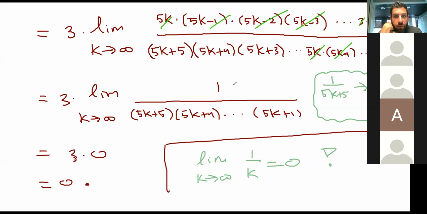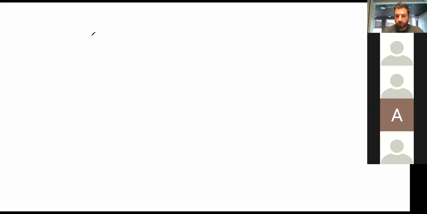It turns out, though, when you're doing the ratio test, particularly in Calculus 2, where the examples are designed to work out, typically, 9 out of 10 times that you employ this ratio test, you're going to get something very similar to this, where it's 1 over something, and that limit's going to be 0. Okay. So here's the basic fact we're using from Calc 1. So we're using this.